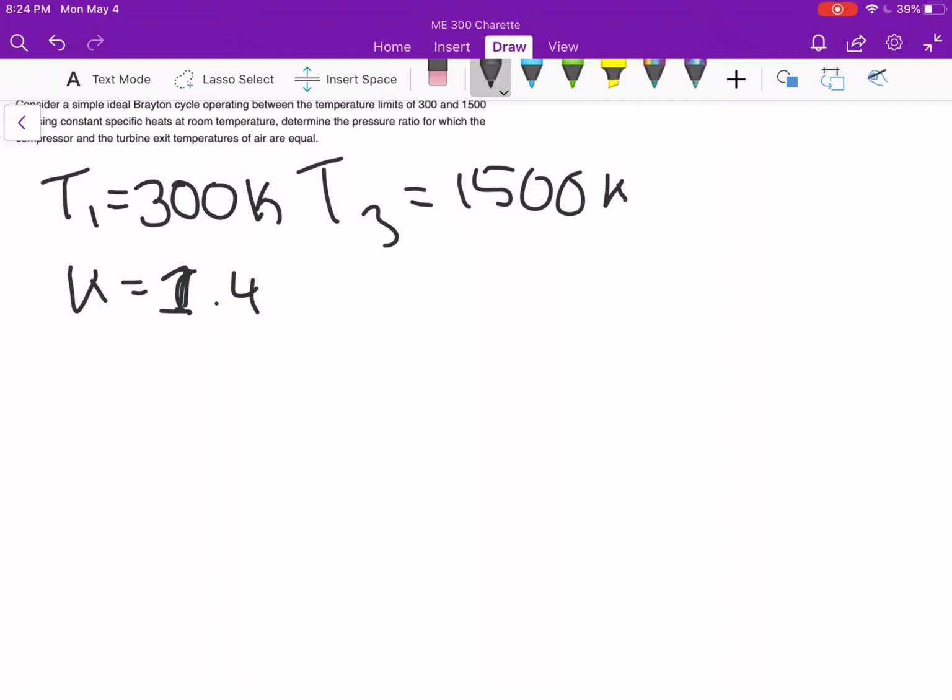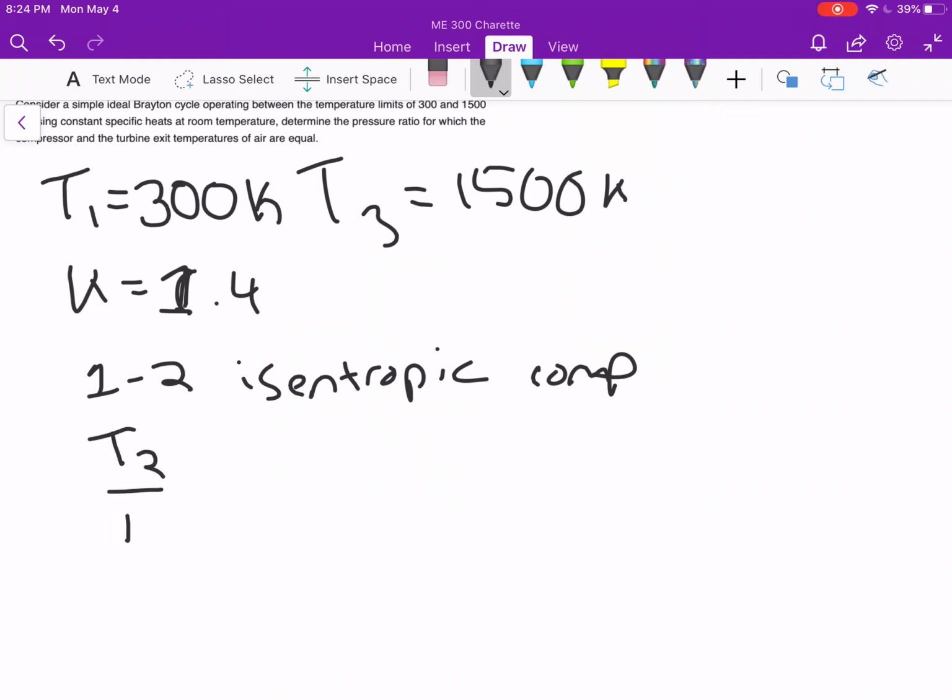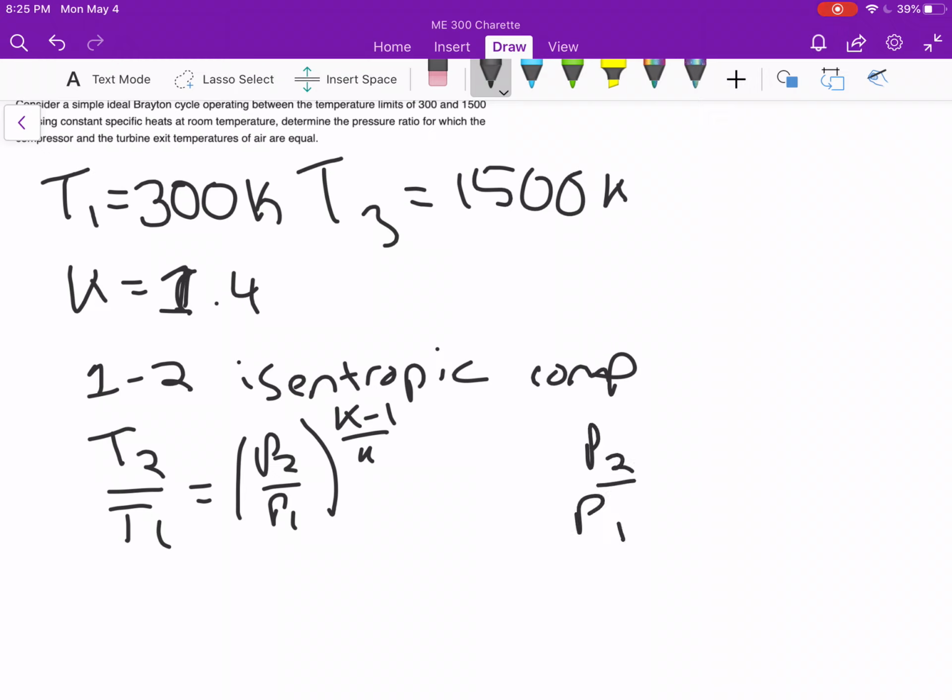Now, we can first start off by looking at the isentropic compression from states 1 to 2. And we know that we can use the equation T2 over T1 equals P2 over P1 raised to K minus 1 all over K. We know that P2 over P1 equals our pressure ratio.